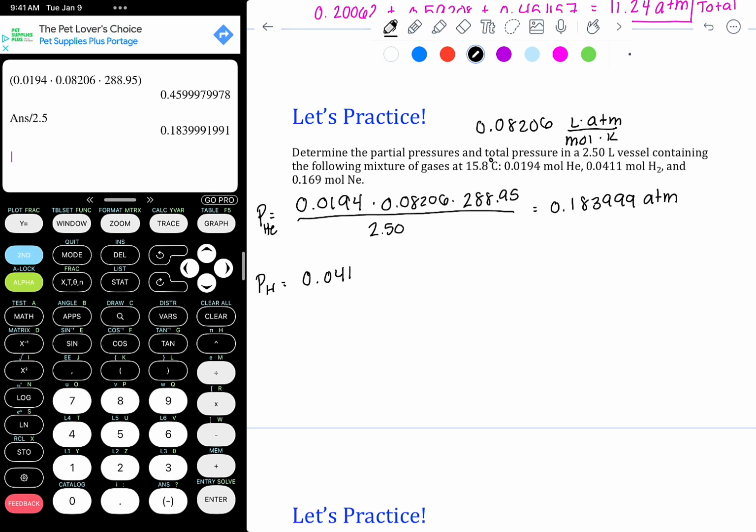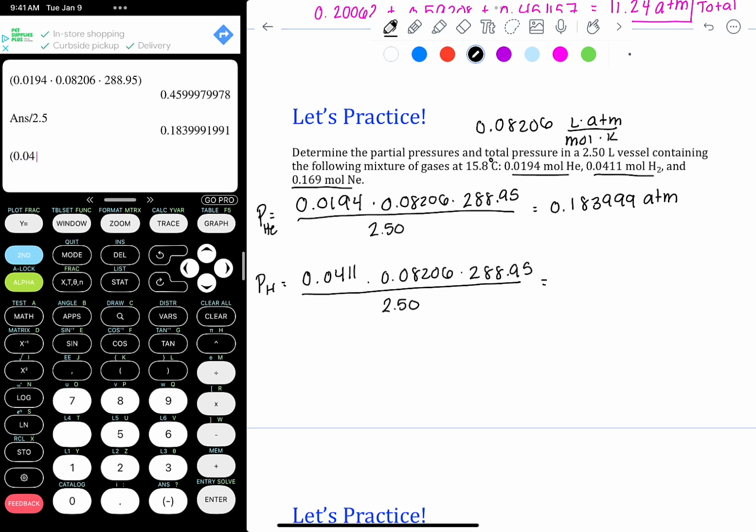Okay, next up is hydrogen. All we're changing is the mole value because that's the only thing that changes in our sample, but everything else is the same. So we get 0.0411 times 0.08206 times 288.95, all divided by 2.5 liters.